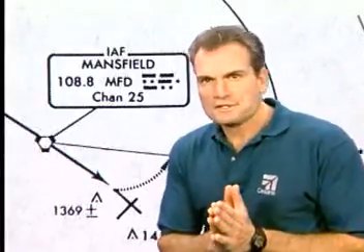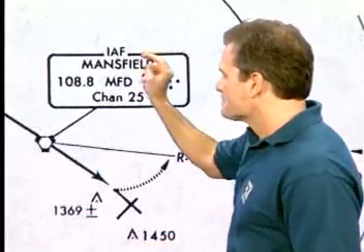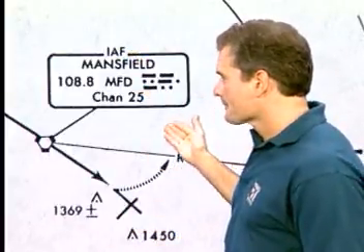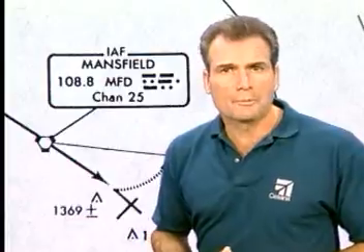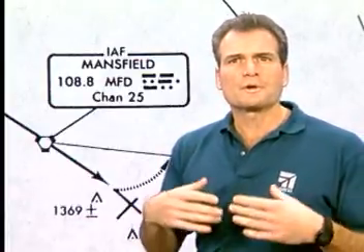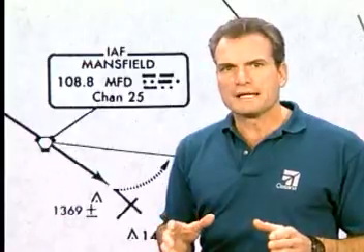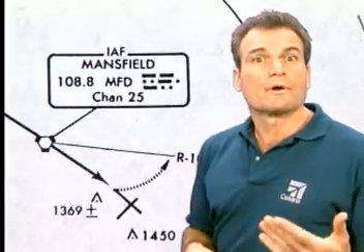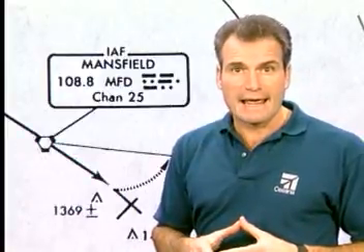Now note the letters IAF at the top of the identification box for the Mansfield VORTAC. They stand for Initial Approach Fix. That's where the approach procedure itself really begins. On some approach plates, you'll only see one initial approach fix, but some approaches will have multiple IAFs.